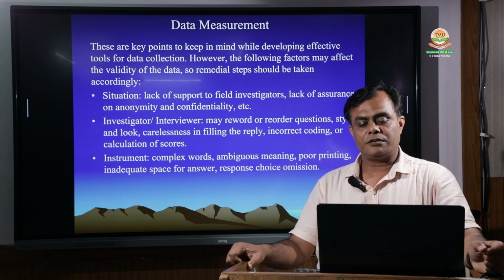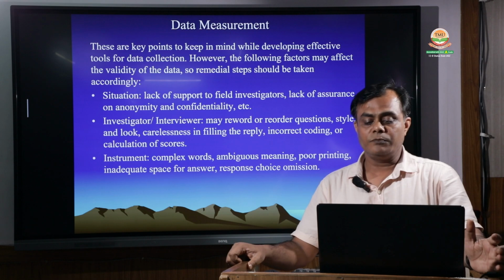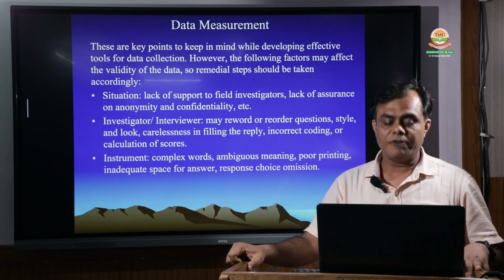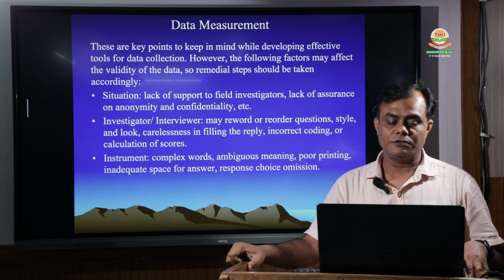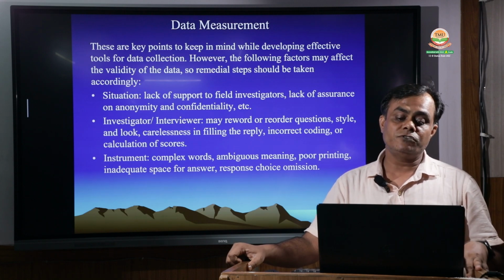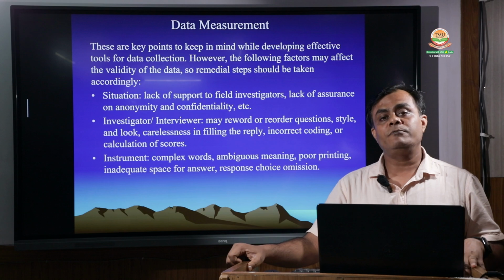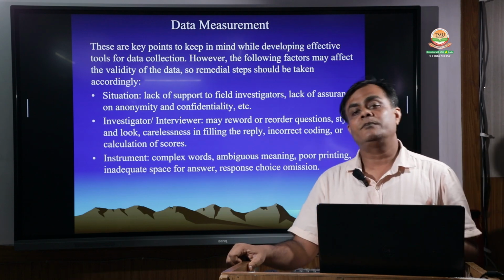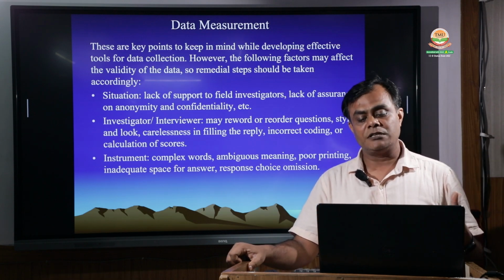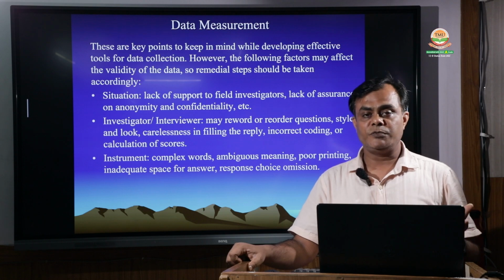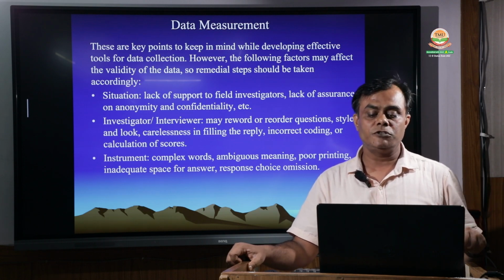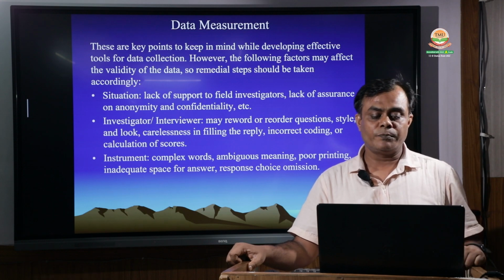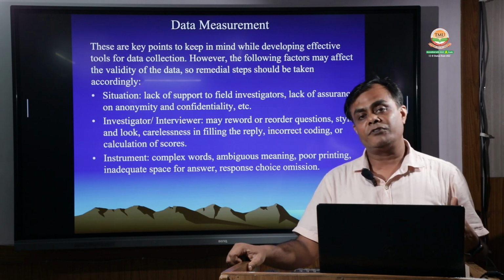Next is the instrument. Complex words, ambiguous meaning, poor printing, inadequate space for answers, and response choice omission: these are the instrumental problems. Sometimes we use complex words that the respondent cannot understand. Sometimes the words or sentences you use have an ambiguous meaning. Sometimes poor printing makes it not legible for the respondent.